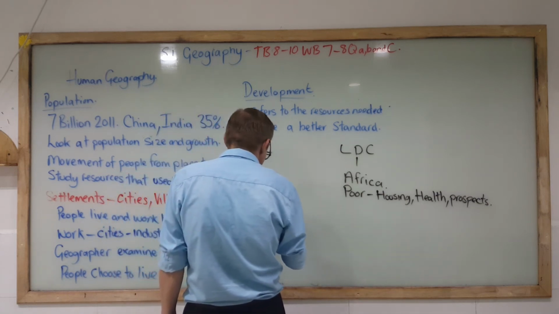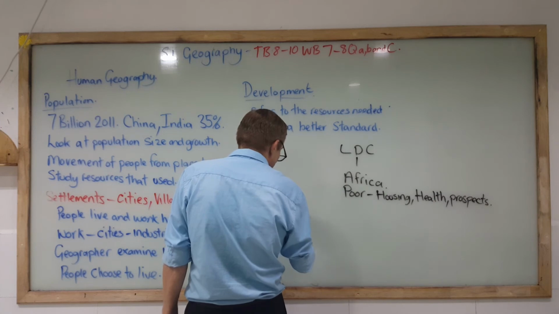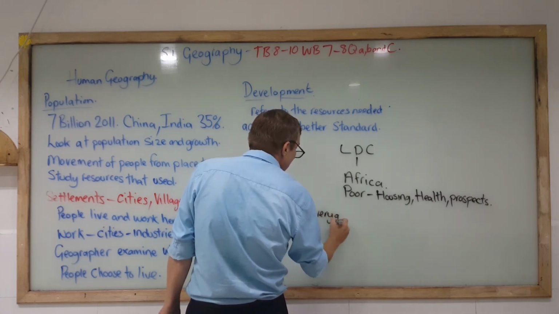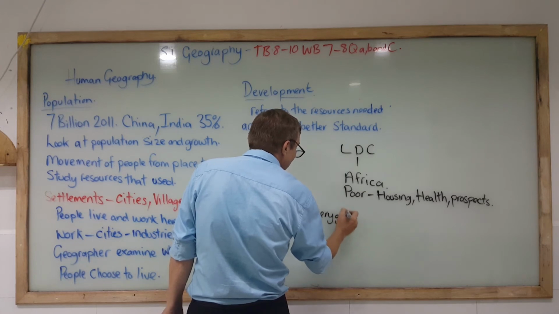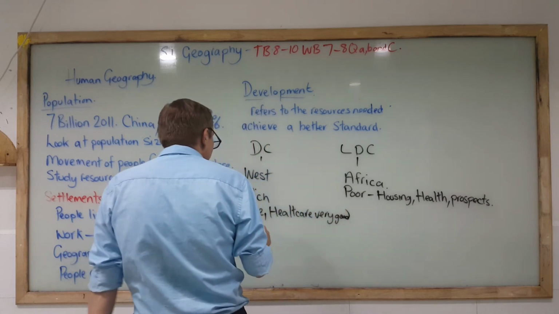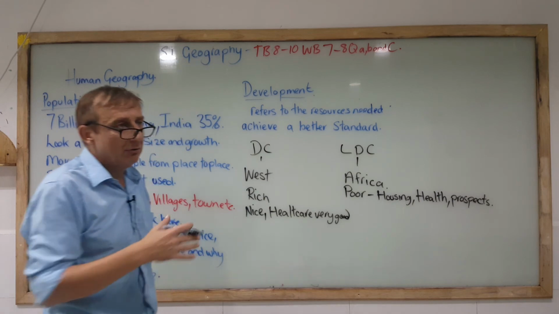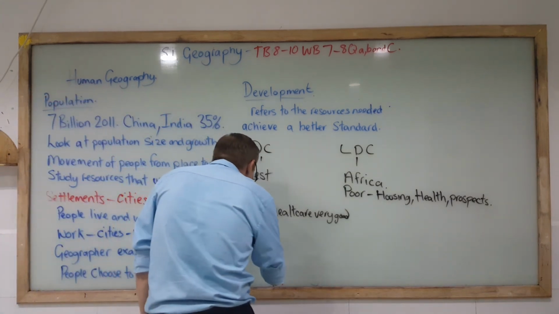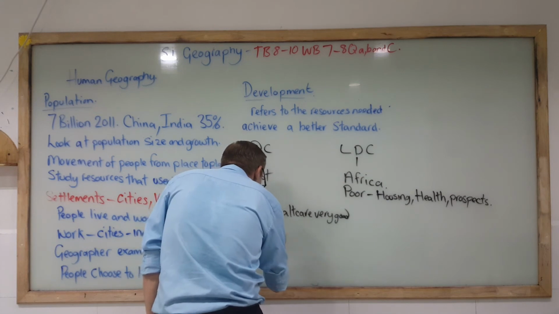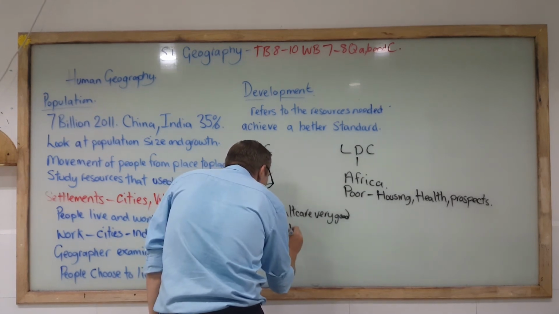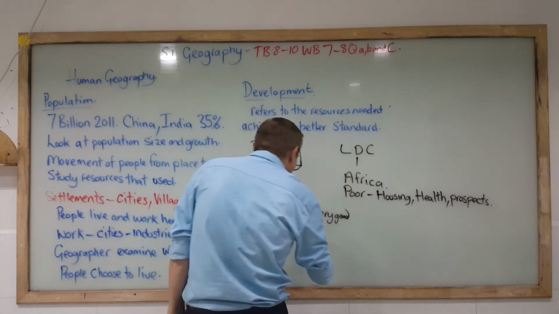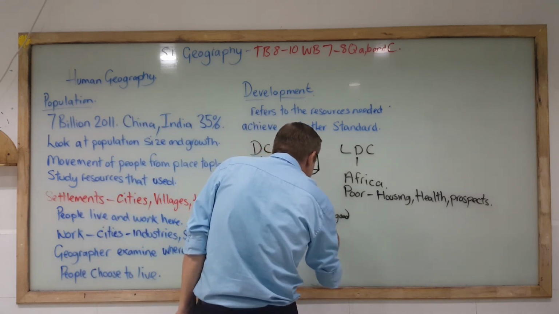They'll have the best health care. Very good. Whoops, I've gone a bit far. And in general, this is not a rule, because obviously there's always some people that go against the rule. The prospects, if you are living and working in the West, in the developed country, are far better.